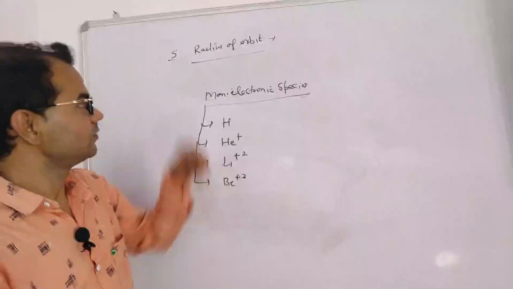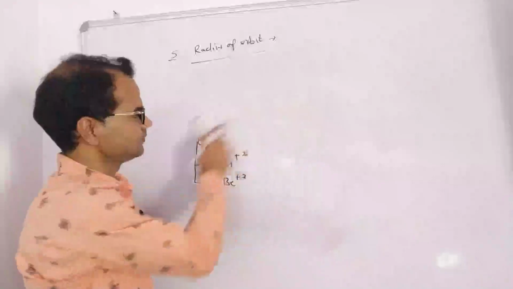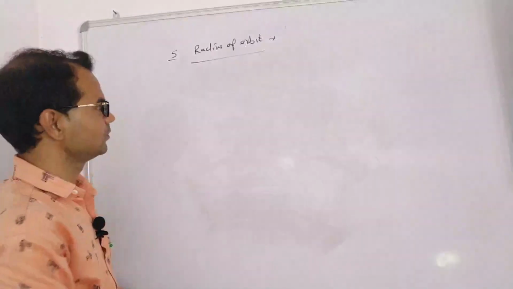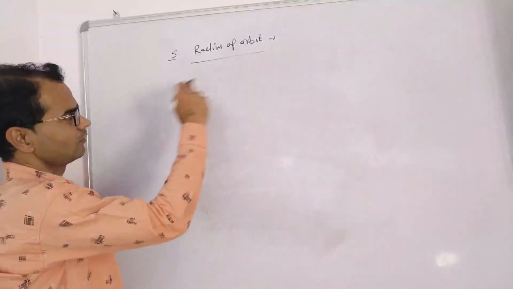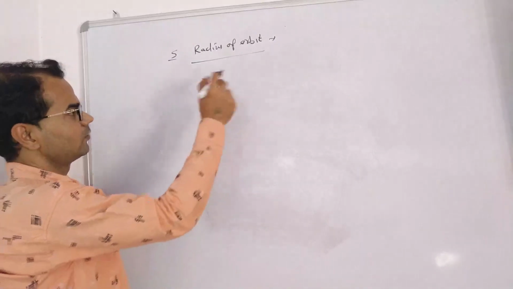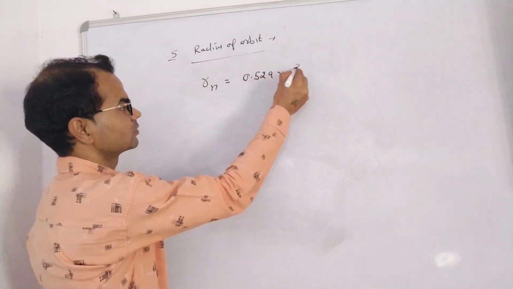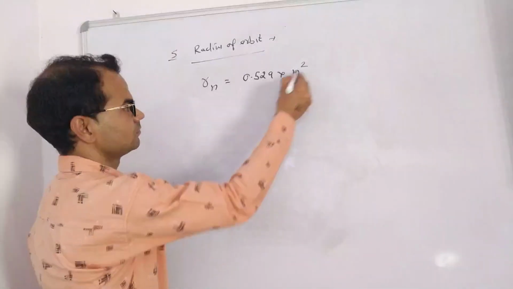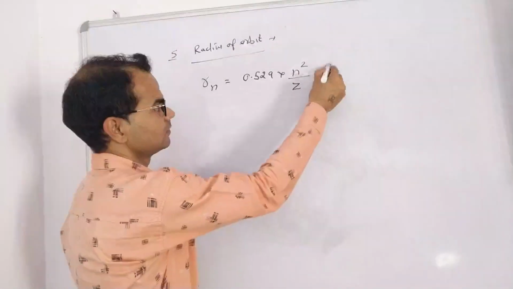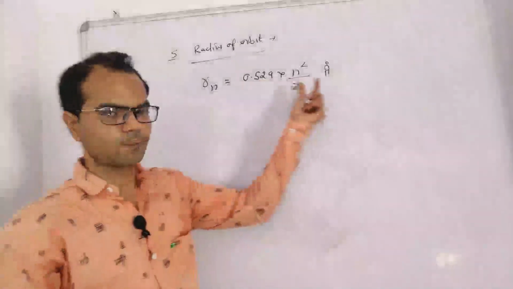Clear? Now find the radius of the orbit. He concluded the radius of any orbit is 0.529 into n square by Z, and values are in angstrom.